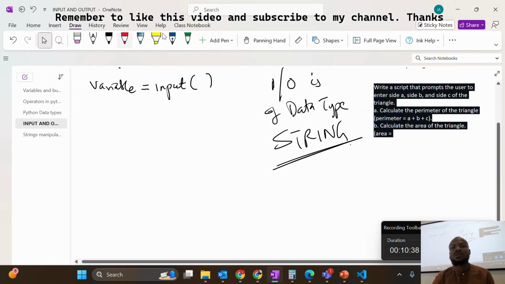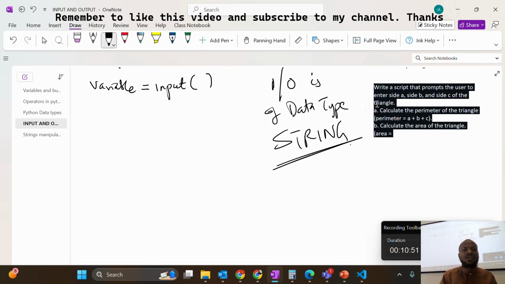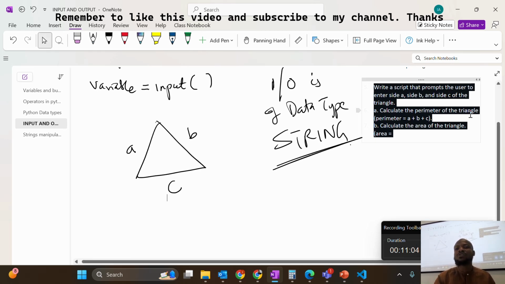Our classwork is this. Write a script that prompts the user to enter side A, side B, and side C of a triangle. So that means we have a triangle. The triangle has side A, side B, and what? Side C. The user should enter the 3 sides. Calculate the perimeter of the triangle.